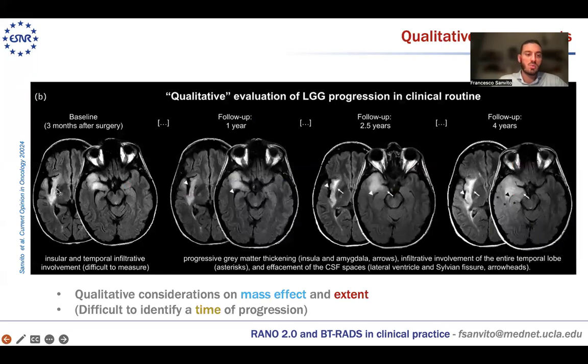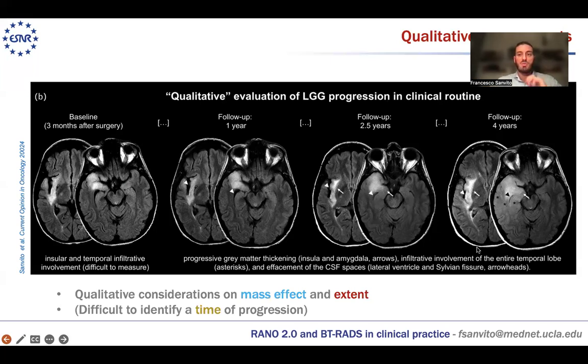So let's see this case where over time the insular cortex is becoming thicker and thicker as the sylvian fissure is becoming thinner. And the same we can say in the temporal lobe, which is becoming larger with more mass effect, more infiltration, and this ventricle is becoming thinner over time. So this tumor is clearly growing. We don't need to go through multiple slices and find ways to arbitrarily and approximately obtain measurements.